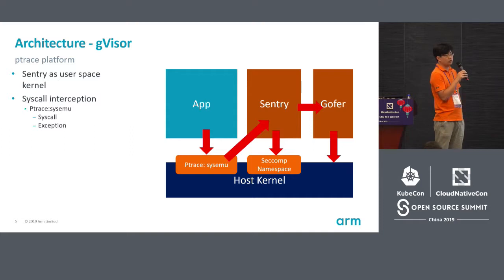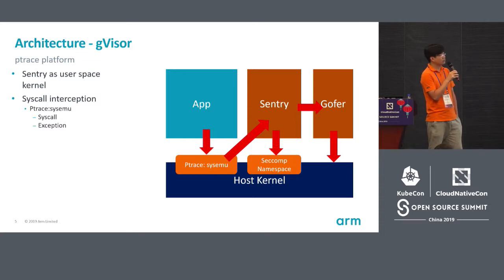So this page is about the ptrace platform architecture. The left is the apps of the container, and ptrace is using the sysemu feature. In the ARM environment, sysemu was imported into the kernel.